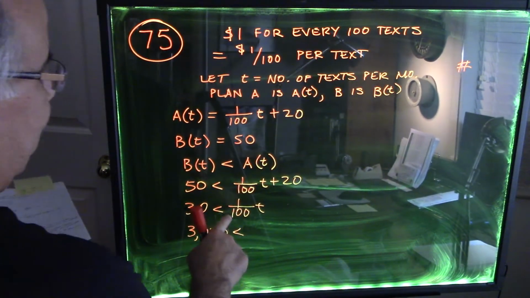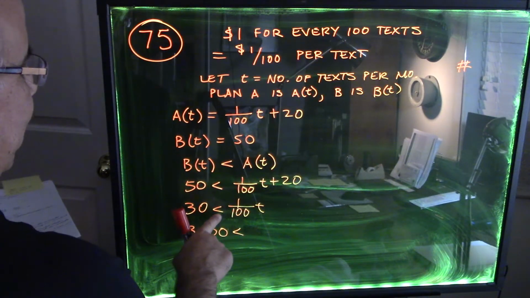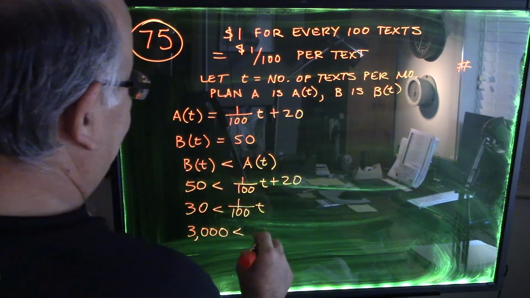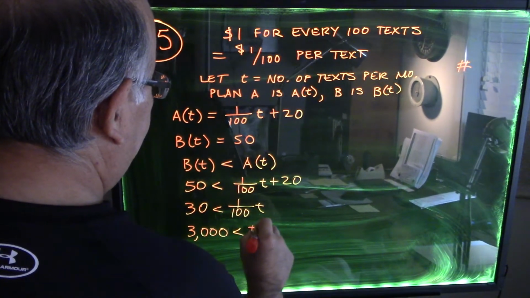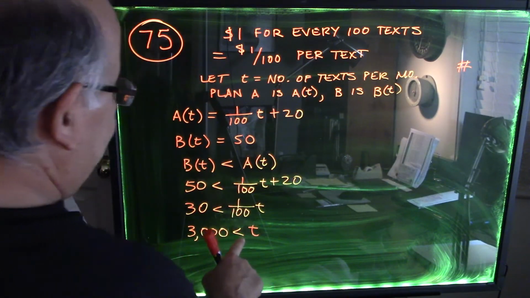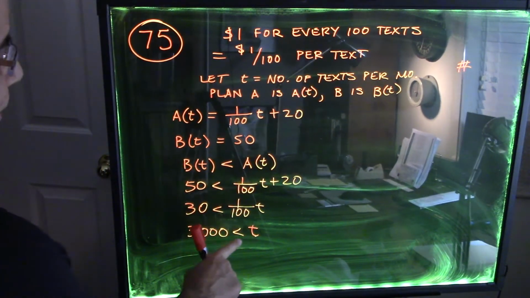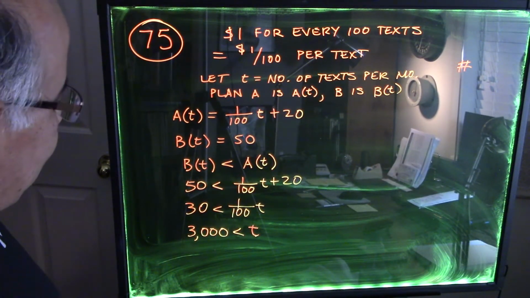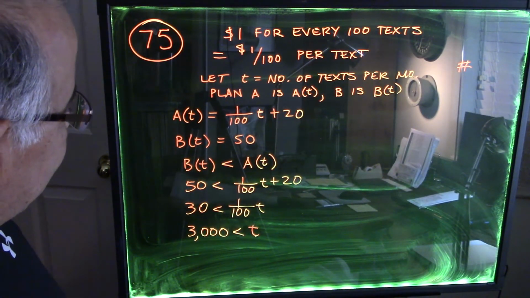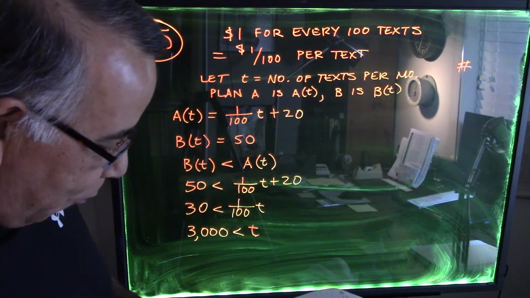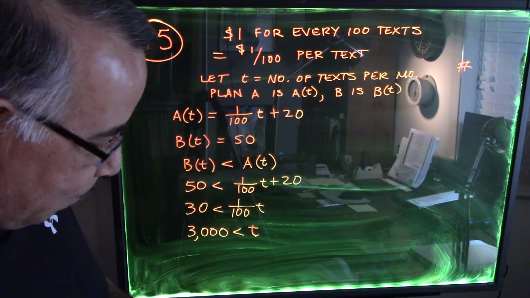And since we multiply both sides by a positive number, you don't have to change the direction of the inequality. So you got 100 times 1/100th is 1, so that's just t. So that's when t is greater than, you could read it from this side, t is greater than 3,000 texts per month. Plan B will save you money over Plan A, but only if you send more than 3,000 texts per month.